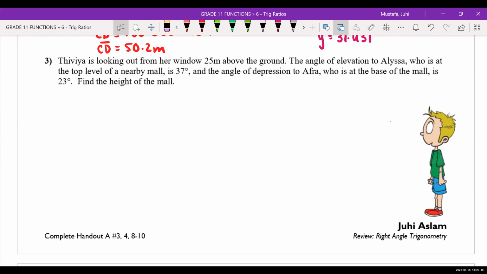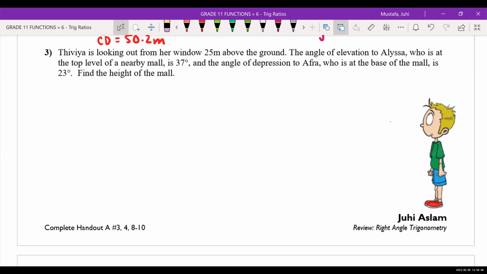So we have to try and figure out what exactly is happening here. I know that there are two buildings next to each other. One of them is shorter and the other one is longer. So let's go ahead and first draw those two buildings. This is going to be my shorter building first.